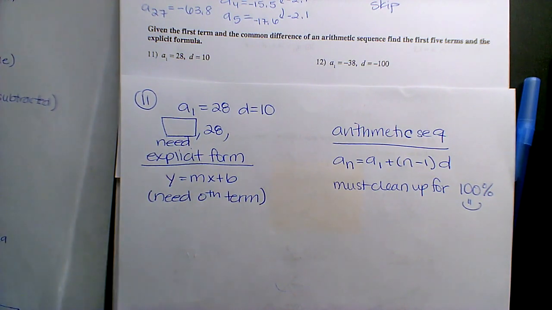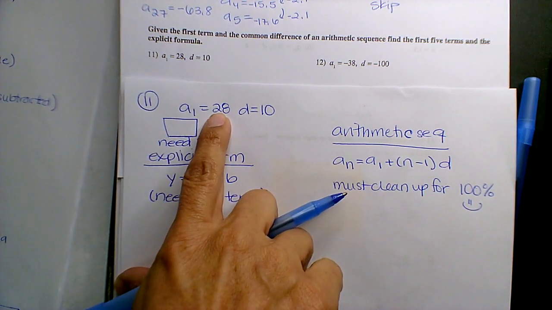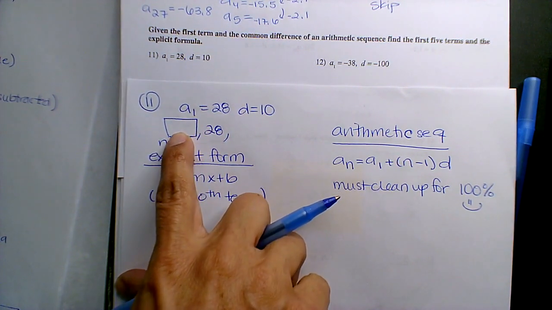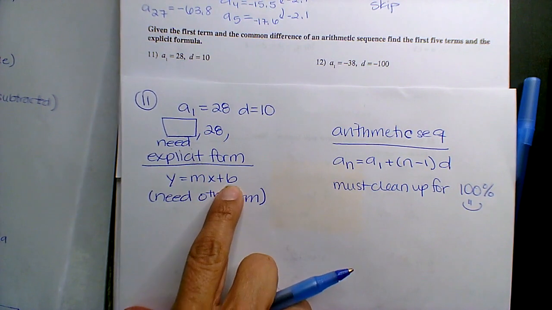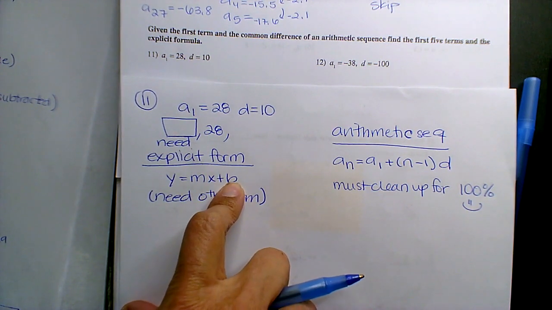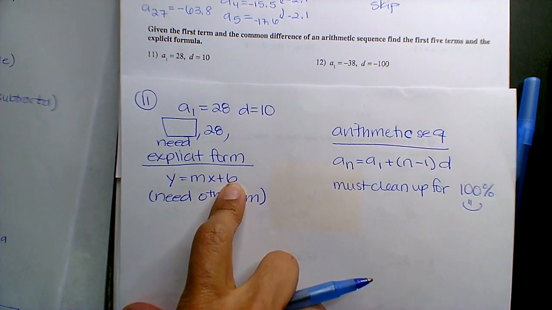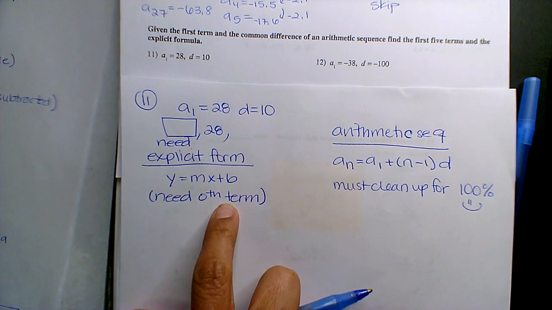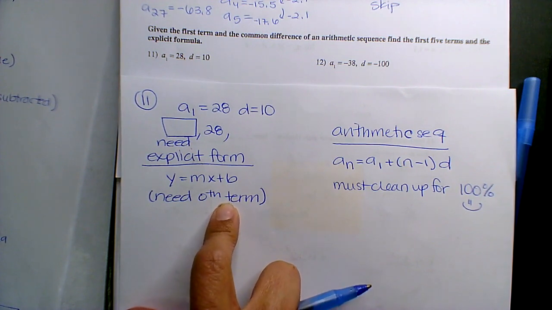All right, so look. If 28 is the first term, that's a sub 1, right? I need the zeroth term for that y-intercept, because if you want to use slope-intercept form, you need the point where the line crosses the y-axis. That's why the zeroth term is non-negotiable.